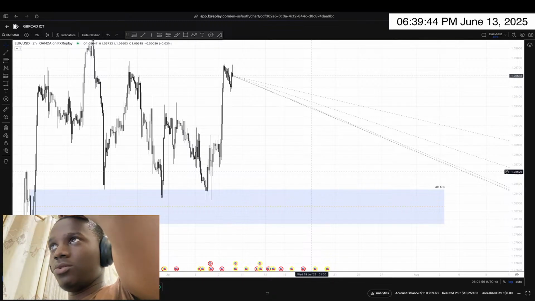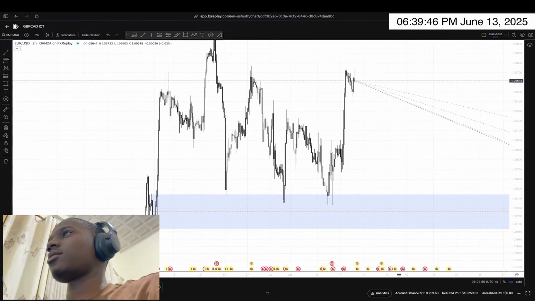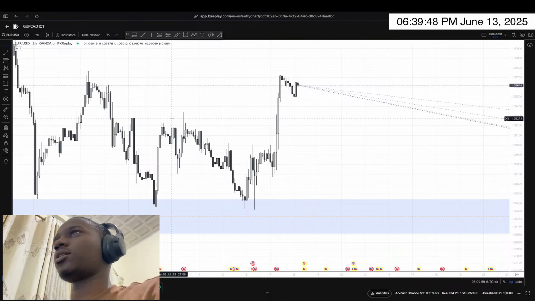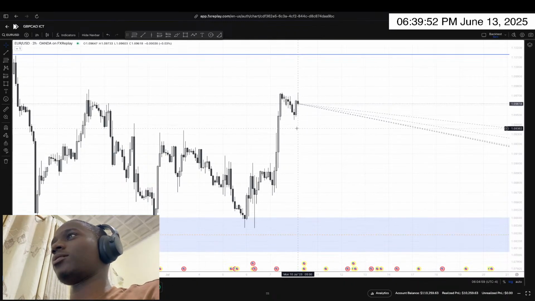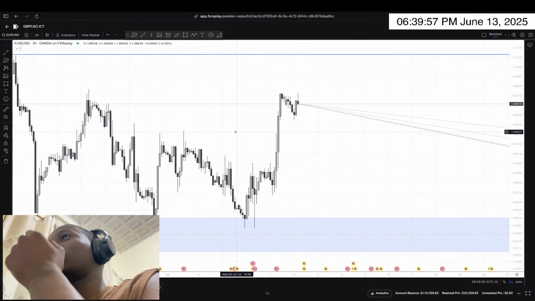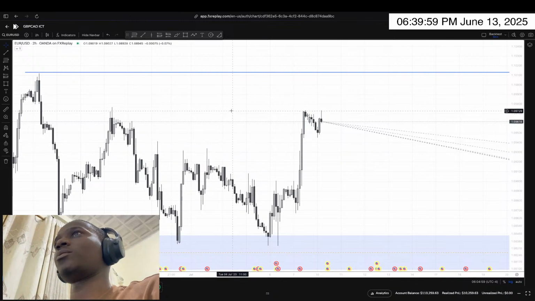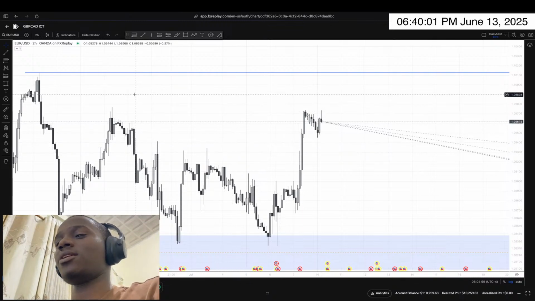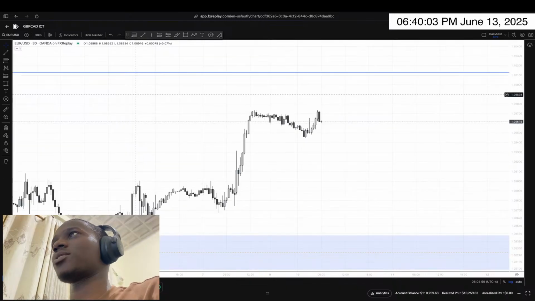I'm going to go on the 2 hour. You can see that it pushed higher, took out these highs, then dropped into rebalance for a bit. We're in Monday at 5, and yeah, let's see what price does, and then we will react. So previous day high, we'll see when we go on the lower time frame, such as the 30 minutes.